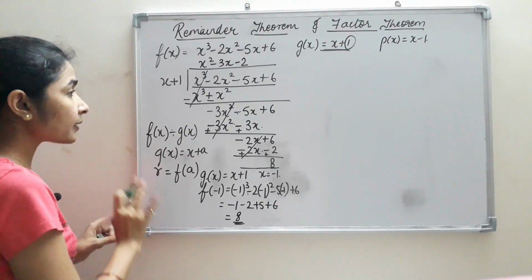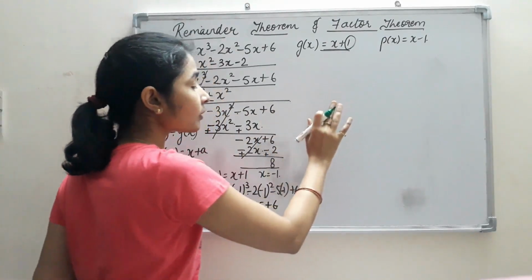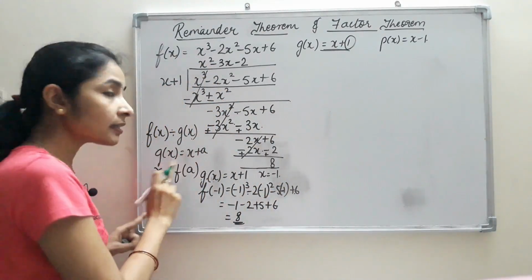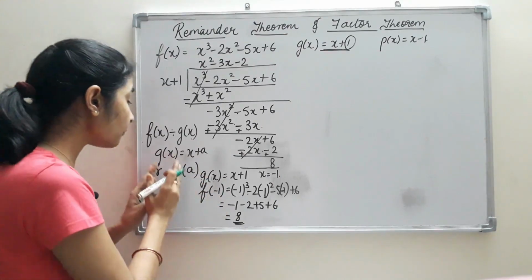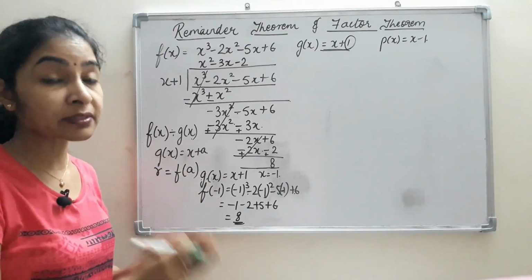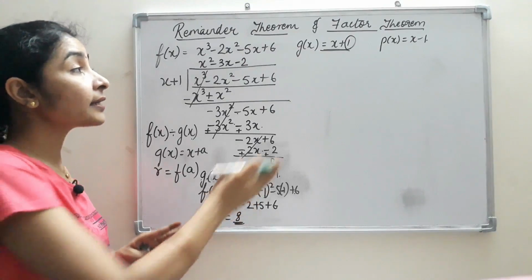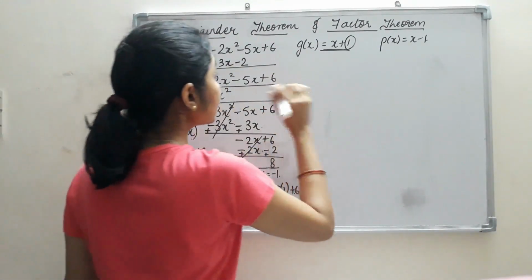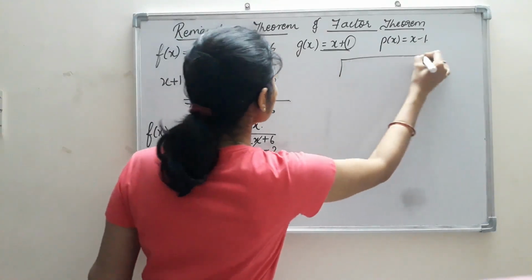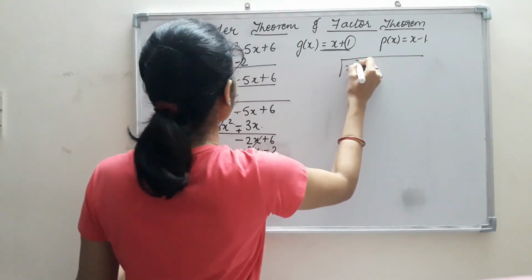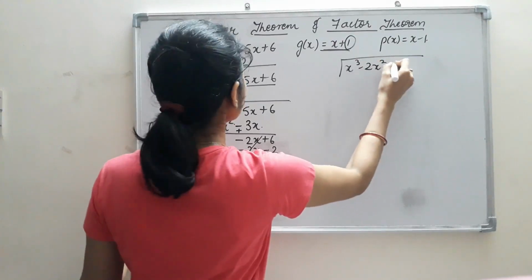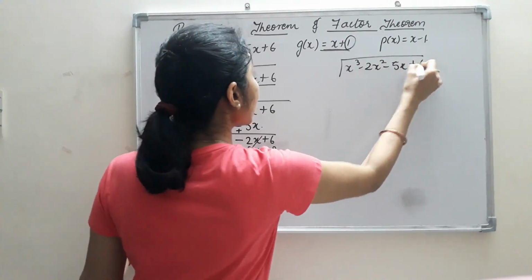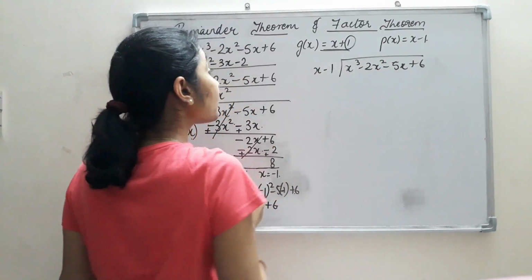The only thing added in the factor theorem is that if this r, that is the function of a, is equal to 0, then p(x) is a factor of f(x). Now let us do this. First we divide x cube minus 2x square minus 5x plus 6, and see whether it is a factor or not.